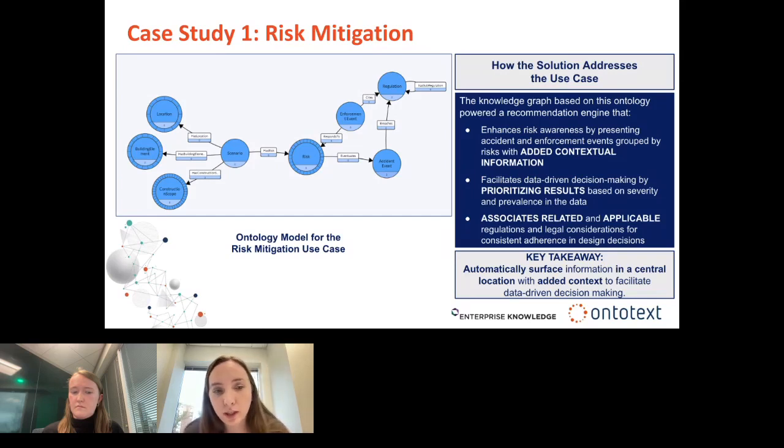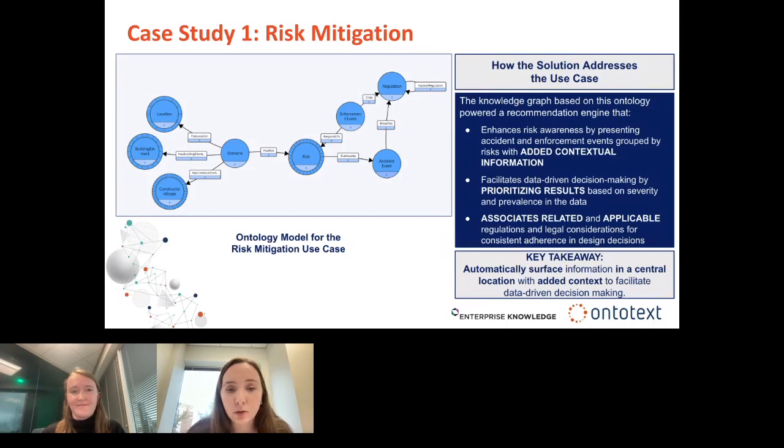The reports that they had relied on before were all in different formats and had different people writing them and authoring them. So they didn't all contain the same consistent information all the time. And so with the graph and with this recommendation engine, they were able to extract information all in one place in a more consistent format to be able to have that context to inform their site planning decisions.